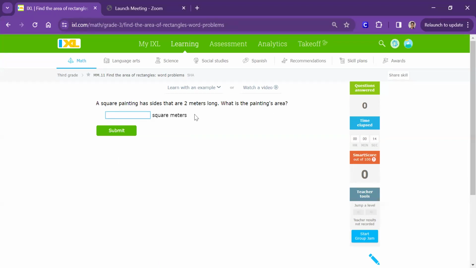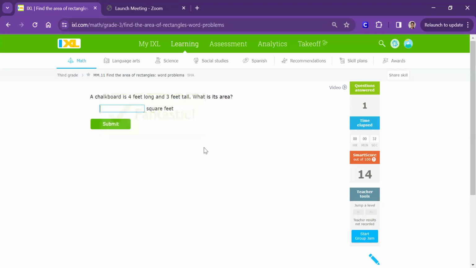And so if it's a square, that means all sides are the same. And they want to know what the area of the painting is. It's the base times the height. And since the sides are all the same, it's 2 times 2. So this should be 4 square meters. There you go. Again, it shows your scores, how long you've been on the problem, and what your SMART score is. Okay.